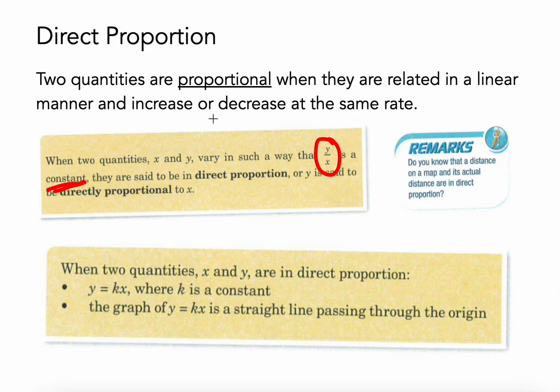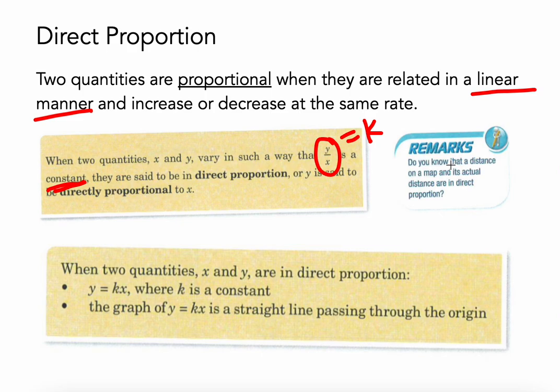It's the same throughout because they're related in a linear manner. We call that k. When you see that is the case, then x and y are said to be in direct proportion to each other.